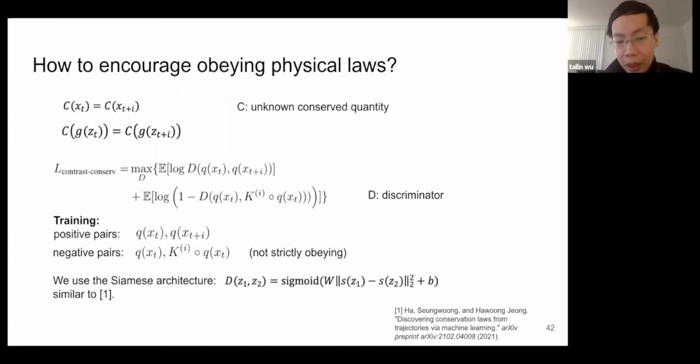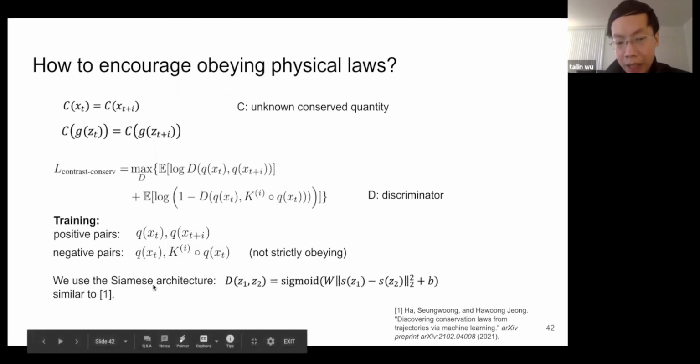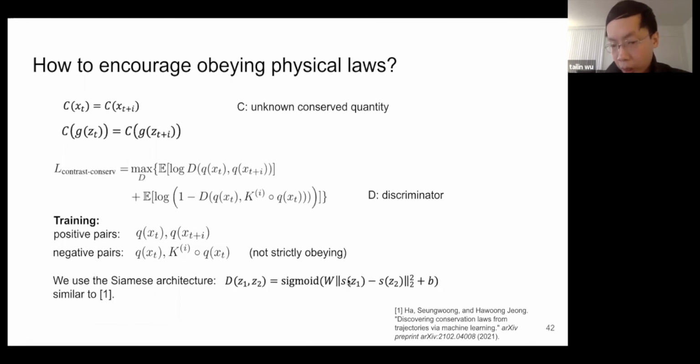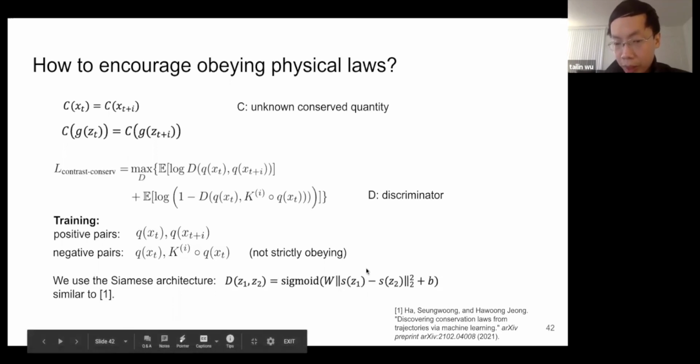And then we can use this Siamese architecture where the discriminator is obtained by using the same encoder on the two states, V1 and V2. Therefore, it will possibly encode some conserved quantity and then use this difference as a signal to determine whether it is conserved.